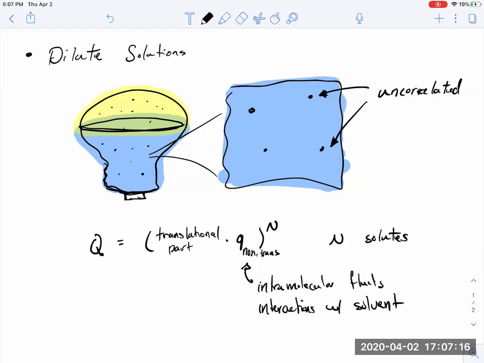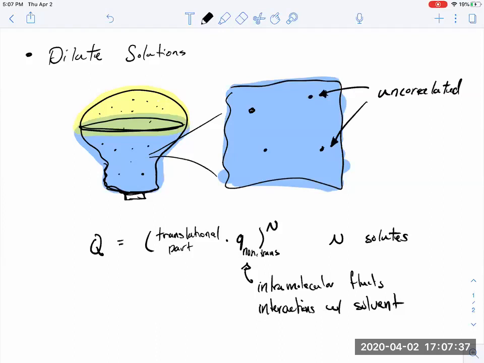So this non-translational part could be quite complicated if we needed to actually consider how a solute might interact with a solvent. Those are probably complicated, but if those solutes are sufficiently dilute, its interaction with the solvent is going to be independent of whatever any other solute is doing.